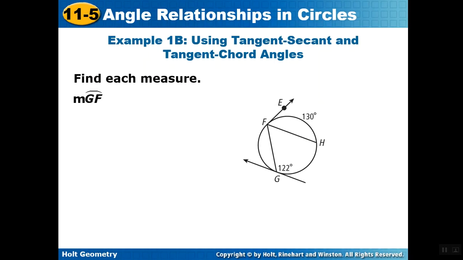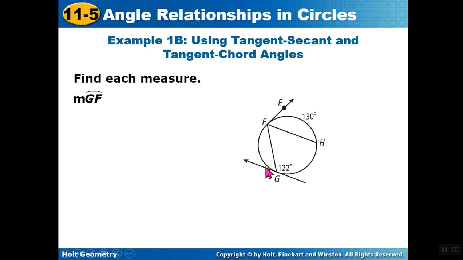Okay, the second one here: find measure of arc GF. How to find measure of arc GF? Now look, we have a given information about this angle, but this angle is behind the secant. We want to know the angle which is here, between the tangent and the secant.